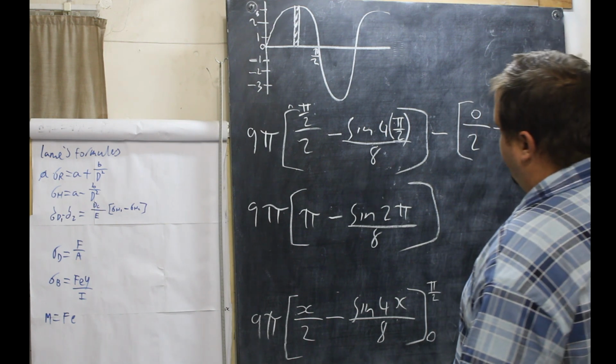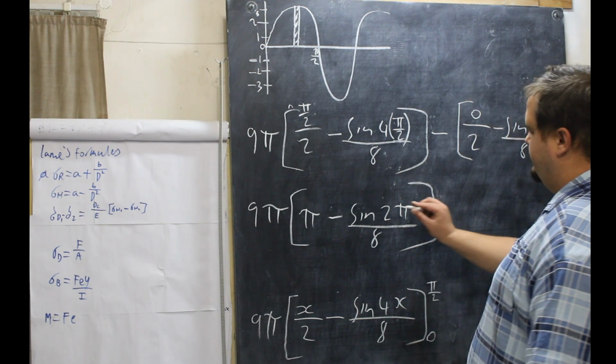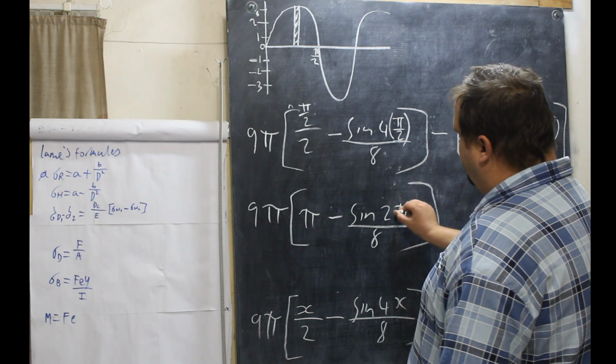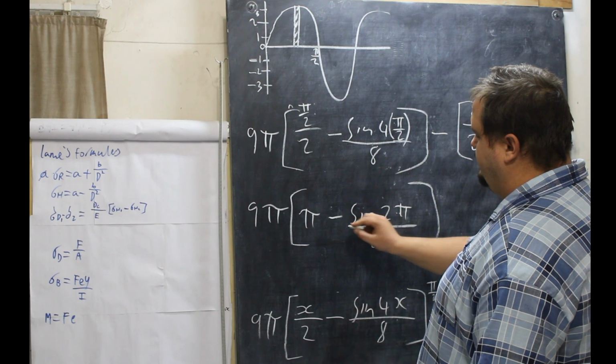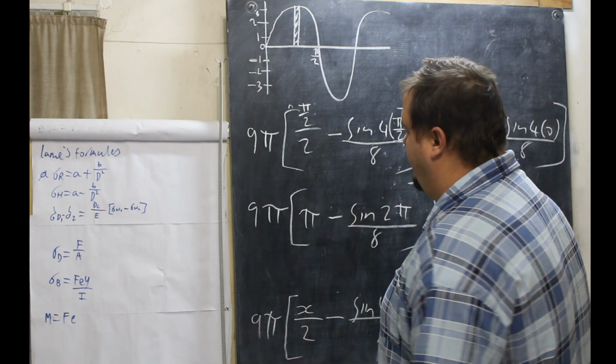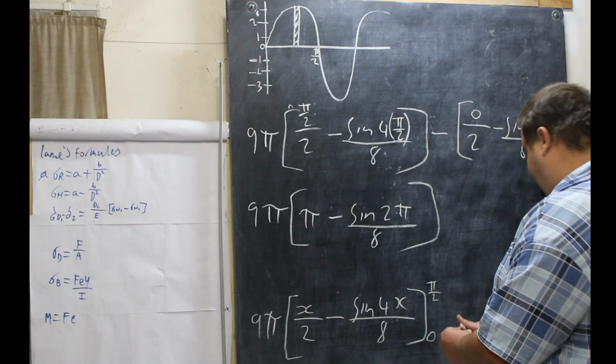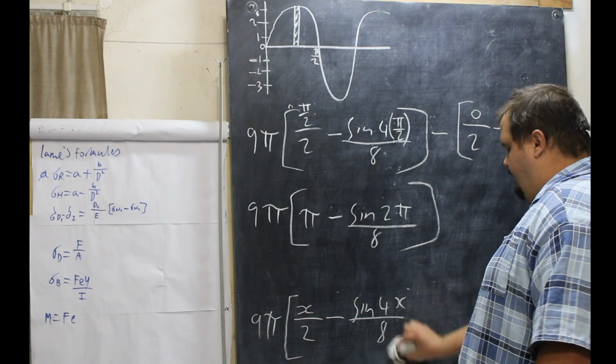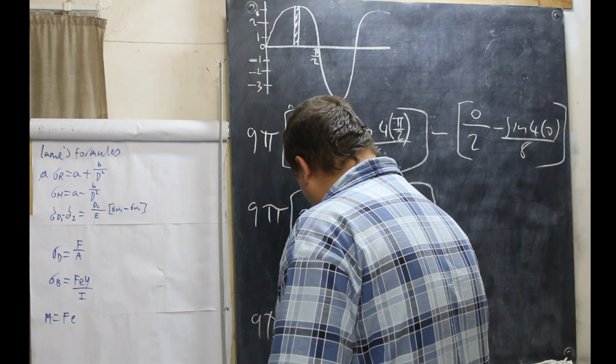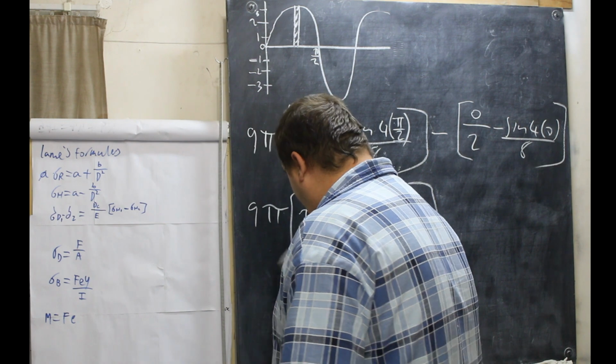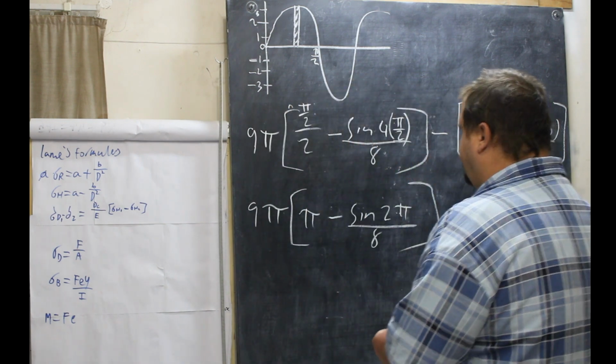And sine 2 pi is 0, so that cancels away. We've got 9 pi times pi, so this will equal 9 pi squared. And that is our answer.